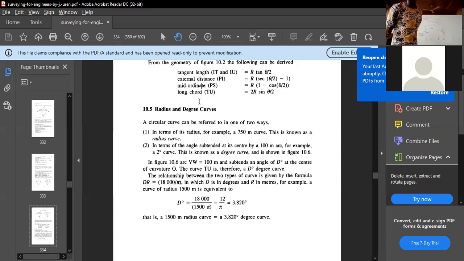Okay, a few formulas for us. Have this in mind. You can probably draw this in the notes. Okay, so the tangent length is R tan theta over 2.